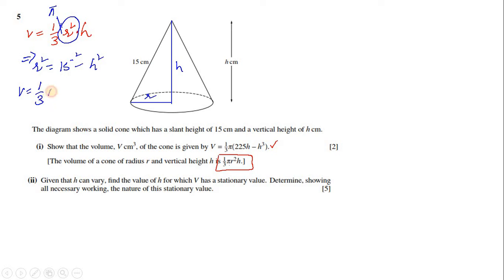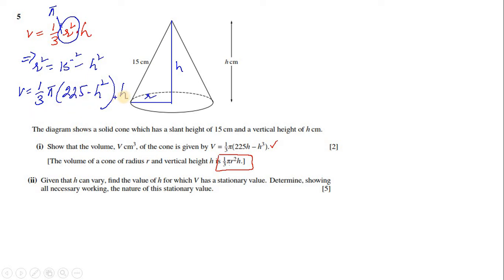So 1/3 of pi, 15 squared, which is 225, minus h squared, into h, this one. So I just substitute the value of r squared here.